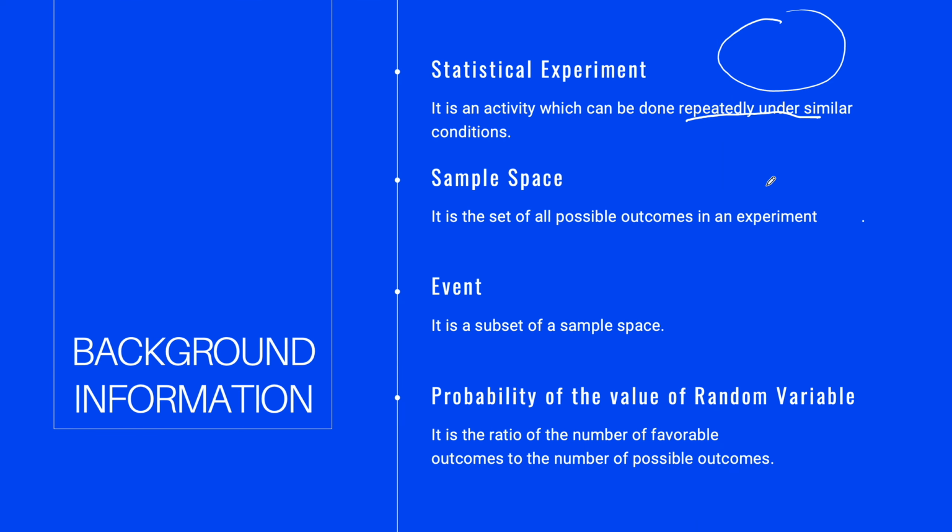Kung nag-conduct ka ng survey, ito nga yung activity natin. Let's say, for example, yung survey, at meron kang same group of people that share the same objective. Let's say, ang hinahanap mo is yung average monthly income. Yun na lang gawin natin example.